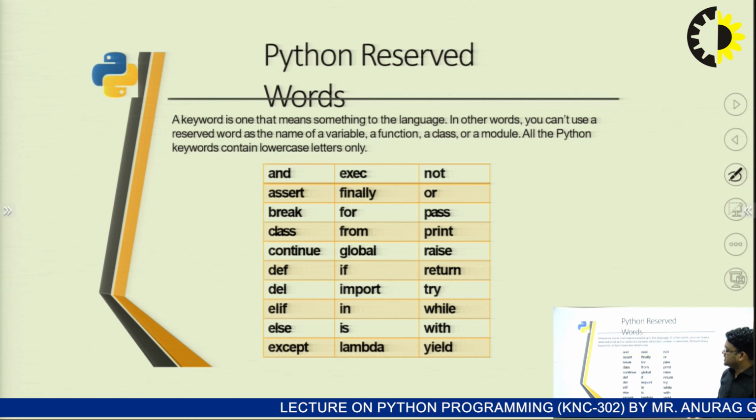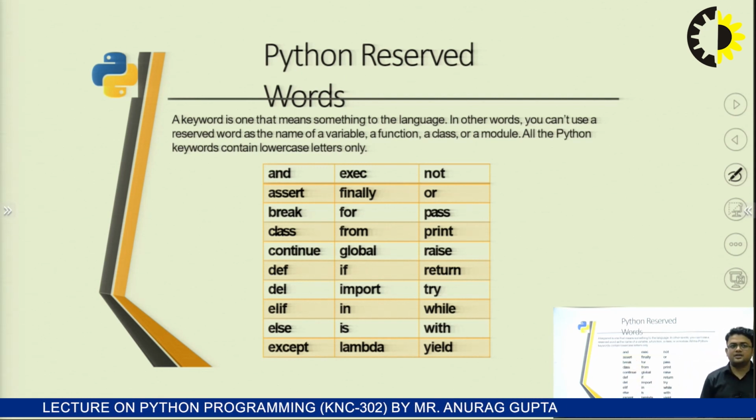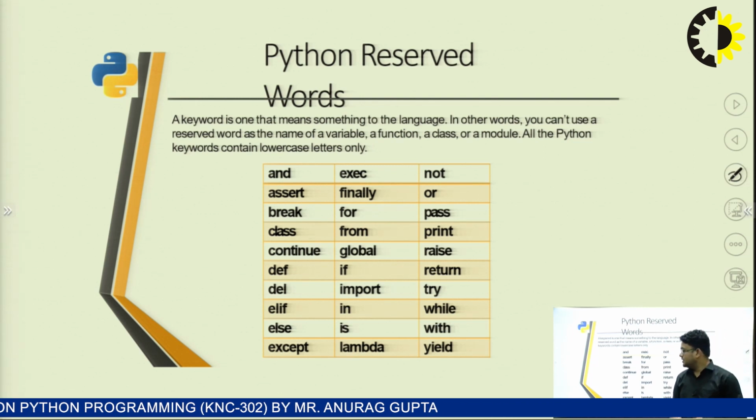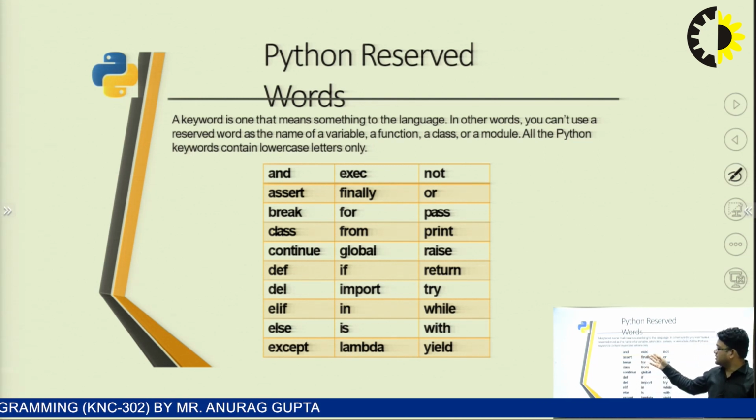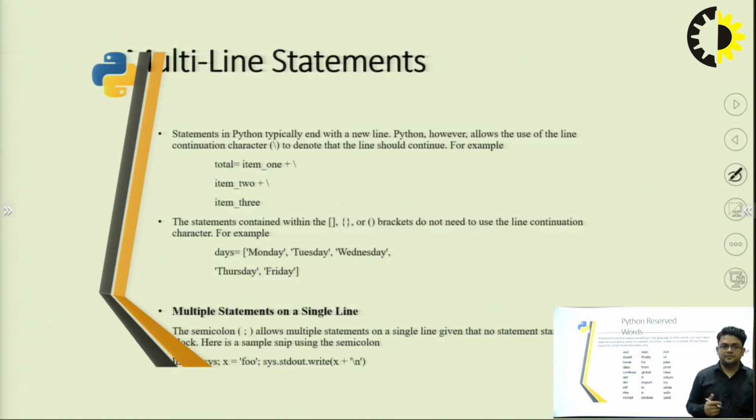These are words we will use in Python programming, like and, which is an operator, exec, not, or, for, break, pass, global, raise, if, is, in, while, yield. These are a few reserved words. Reserved words are also known as important words which have a specific meaning. Remember one important thing: you cannot use any reserved word as an identifier name.